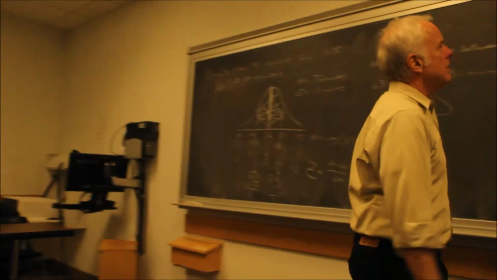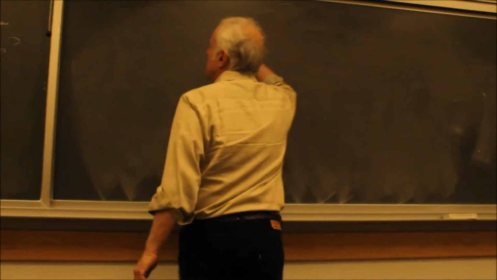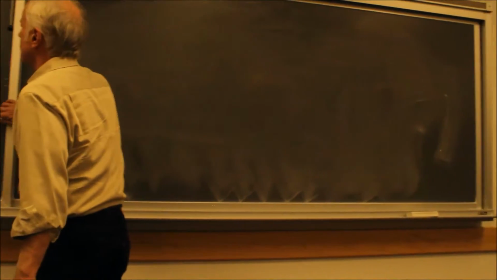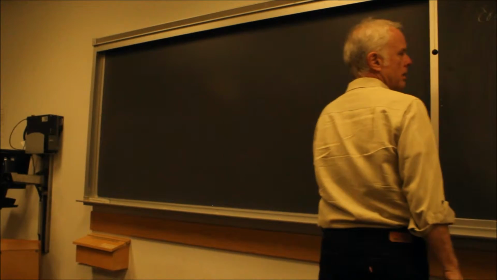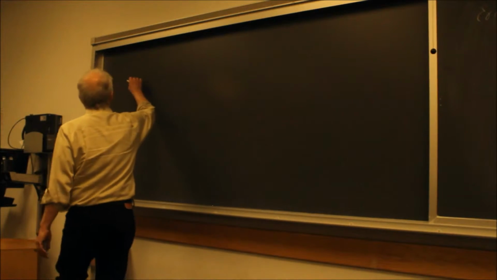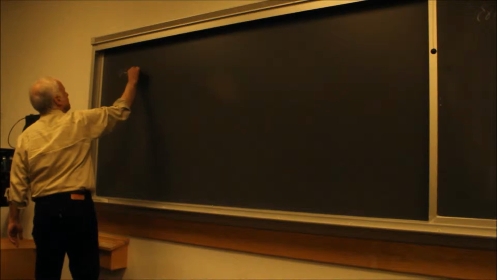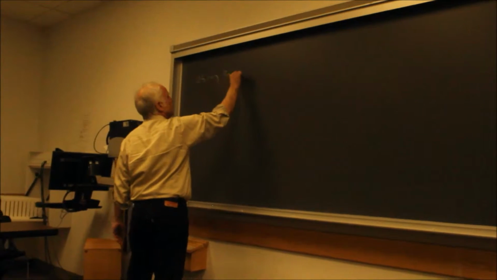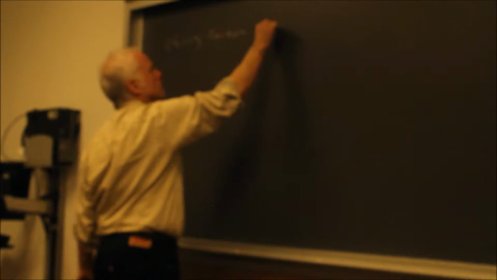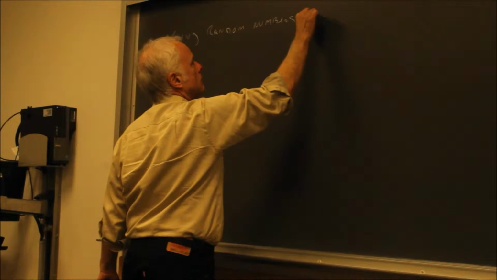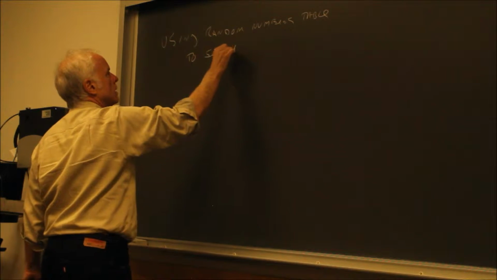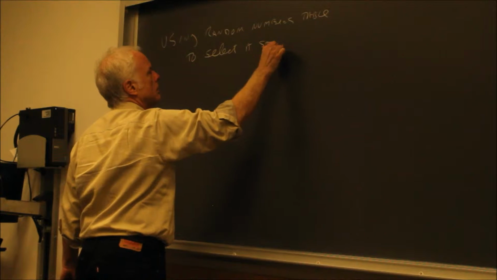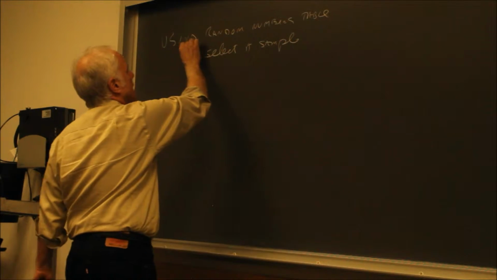All right. So it's using the random numbers table to take a sample. You know what, I'm going to put it over here on this board in a minute. So using the random numbers table to select the sample. Okay, so how do you use it?